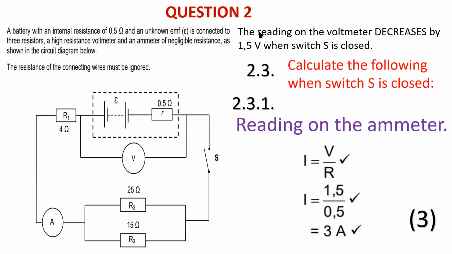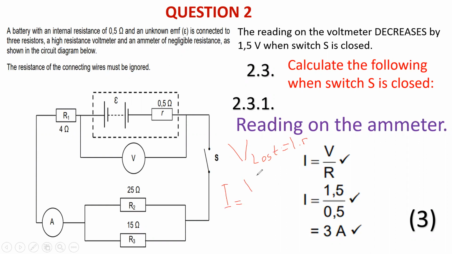So what we said in the other question, V lost equals I times small r, we said, right? So you are using this formula now. I equals, in the memorandum they are just giving you the Ohm's law formula, it's fine. But for R, you are using internal resistance. For V, you are using V lost.